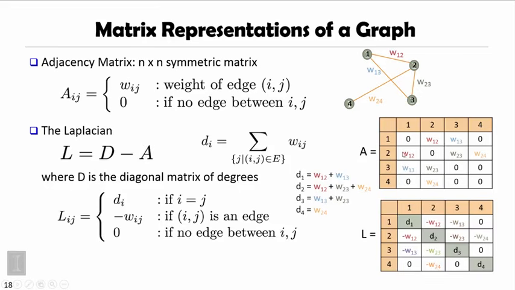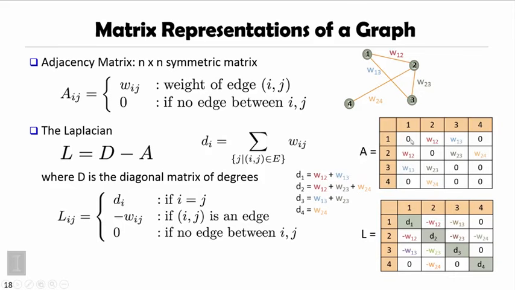Then we can compute the Laplacian of this matrix. Essentially, we use the diagonal matrix of degrees minus this adjacency matrix, and we get the Laplacian. What is the diagonal matrix of the degrees? The degree is defined, for each row, by summing up all the weights, or all the cell values in this row.